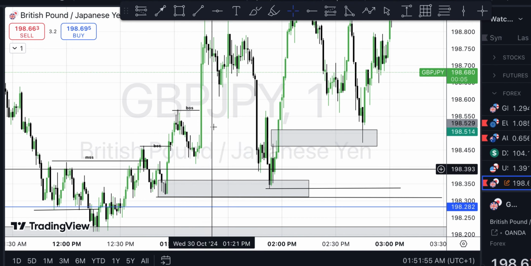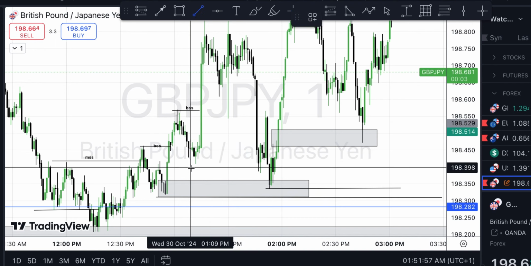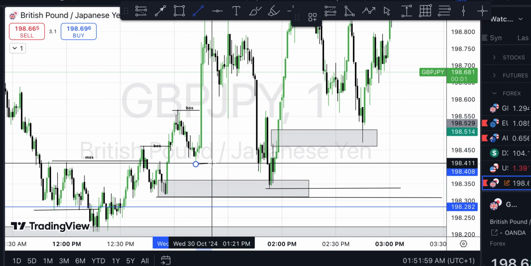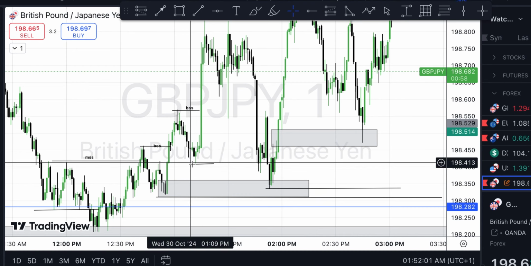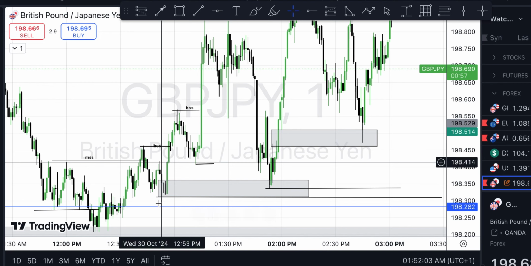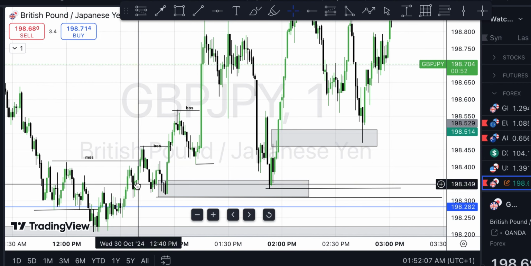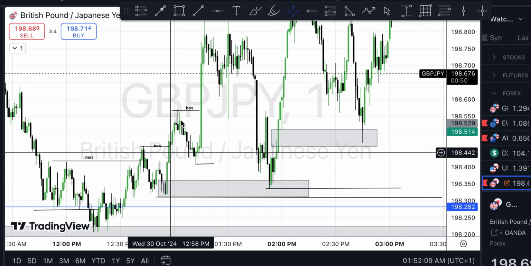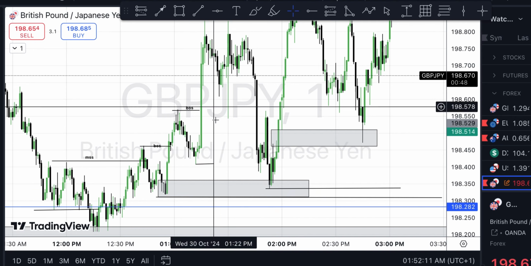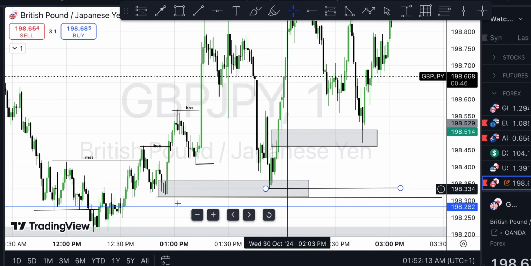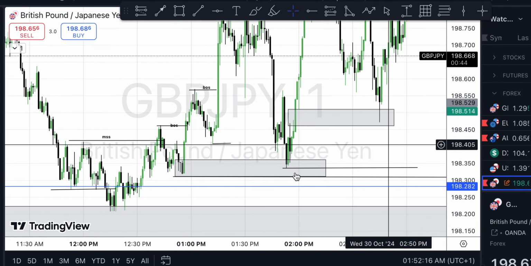So now imagine how many people entered from this zone, they are stopped out. So this low here becomes an inducement. This is liquidity. So this is the order block that created this massive movement here.